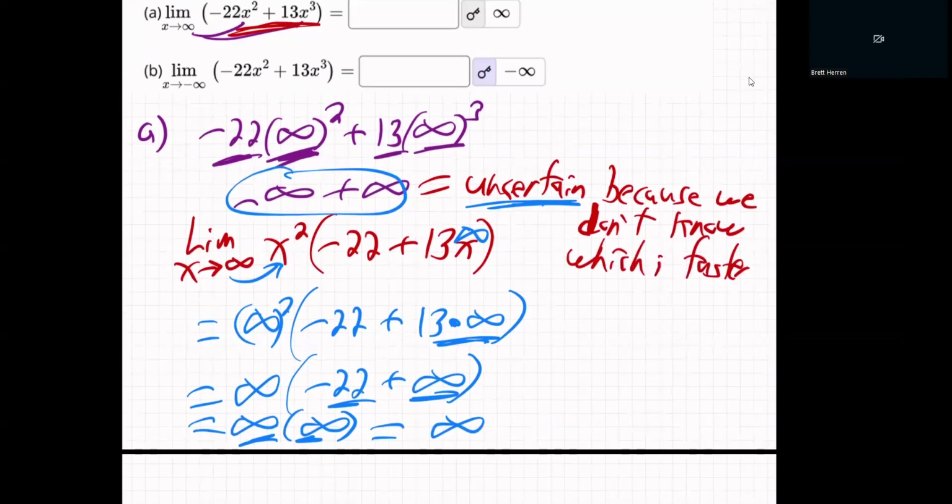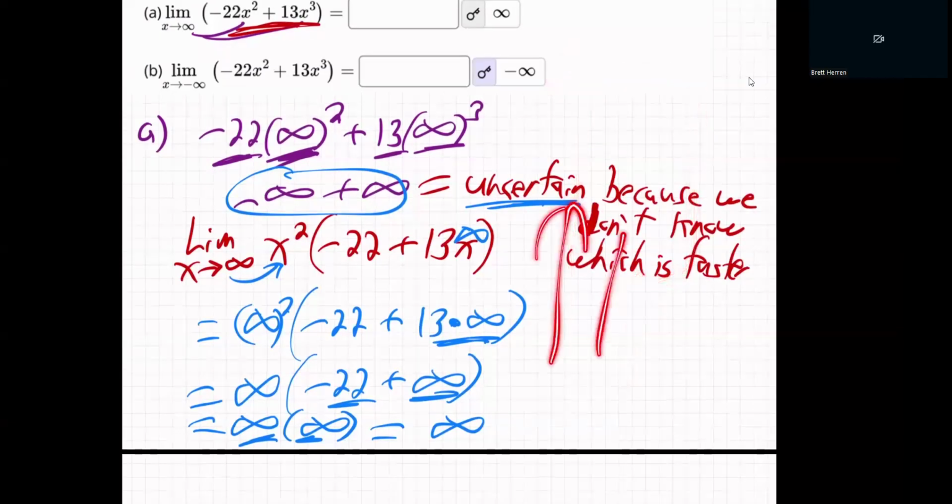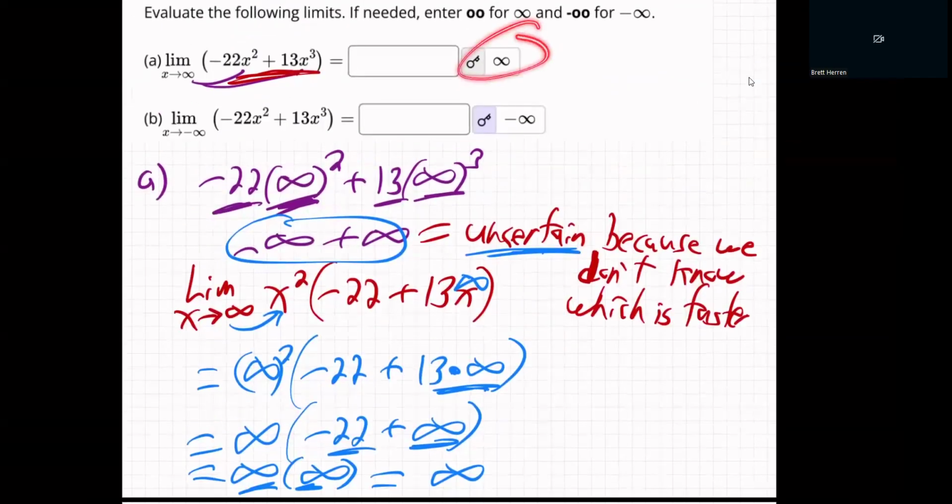Like I said, if you send two rockets up and one is going a lot faster than the other, the gap between them in the subtraction is going to grow. It's not going to be zero. Now, if they go up at the same rate, then the difference between them is zero. So we just don't know. It's uncertain. But this is definitely certain. Infinity times infinity, that's got to be infinity. Nothing unclear there. And boom, that's our answer.